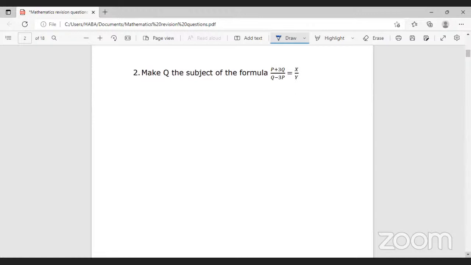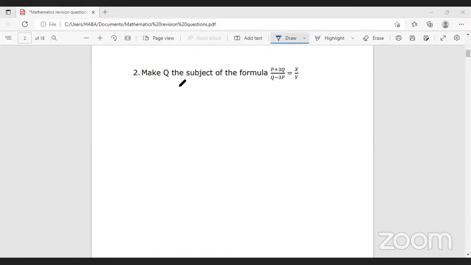So question number 2. Who can read for us question number 2? Okay, you can continue and read, please, Joyce. Make Q the subject of the formula if (P plus 3Q) over (Q minus 3P) is equal to (X minus Y) over Y, sorry, X over Y. Great.